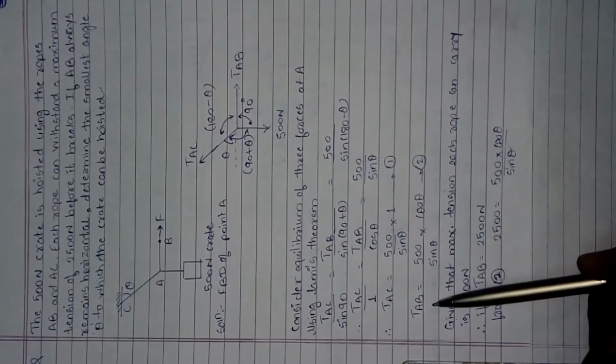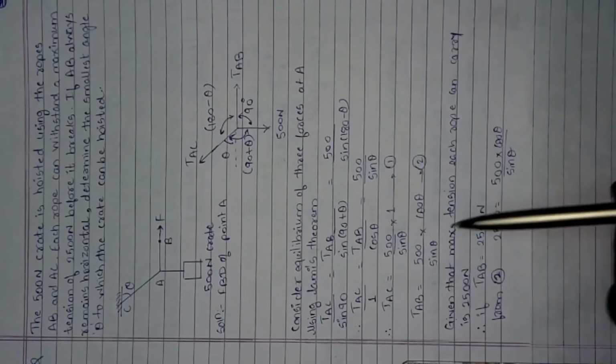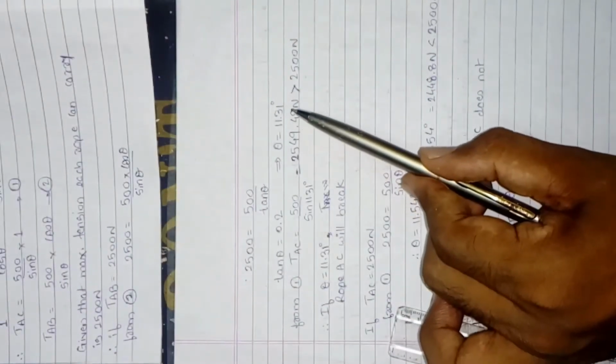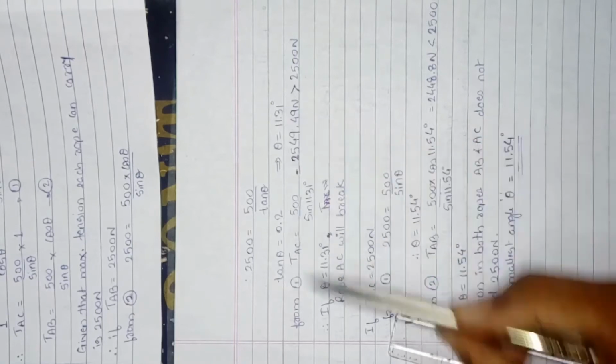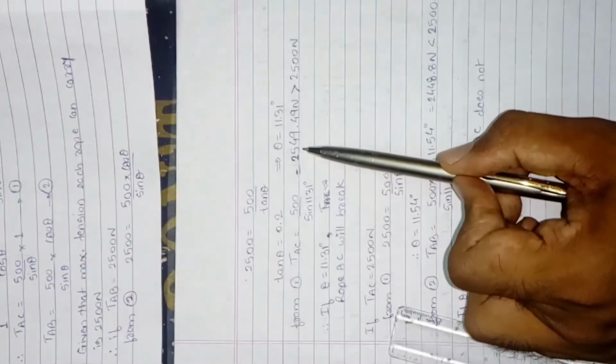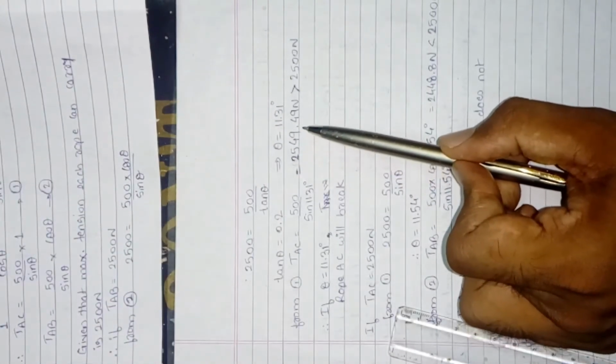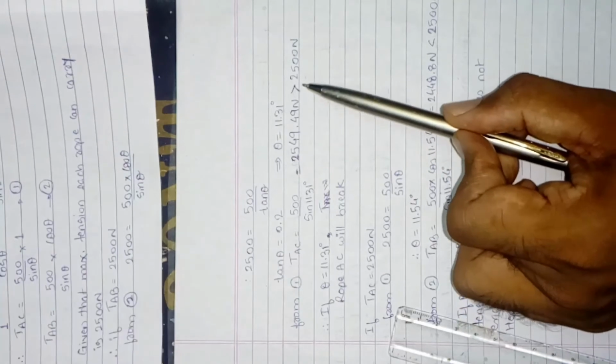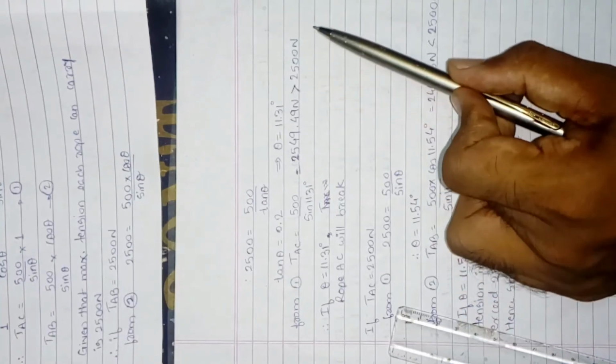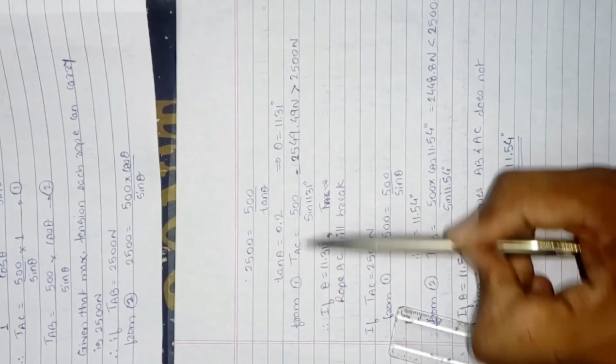So we put 2500 in equation 2 to get the value of theta, which comes to be 11.31 degrees. Now we'll put this value in equation 1 to get the value of TAC. TAC has come to be 2549.49 Newton.